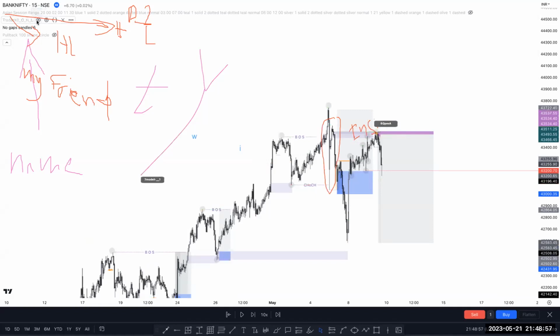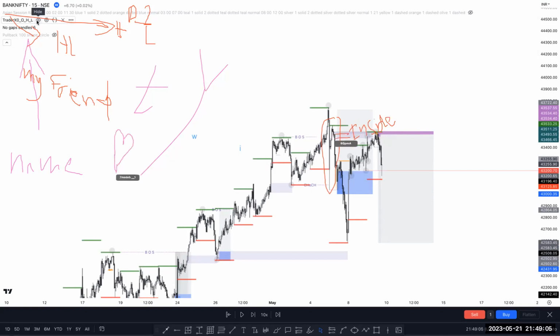Target simply, sir, you can mark the previous high or low as a target also, because as a day trader, you have to cut same day positions sometimes.